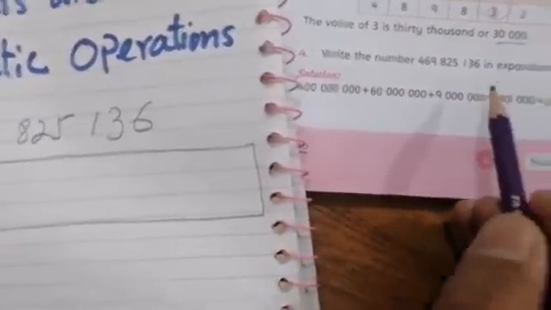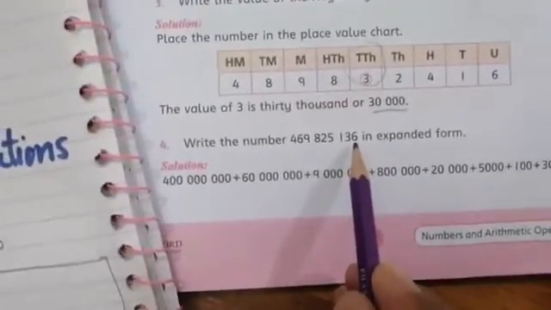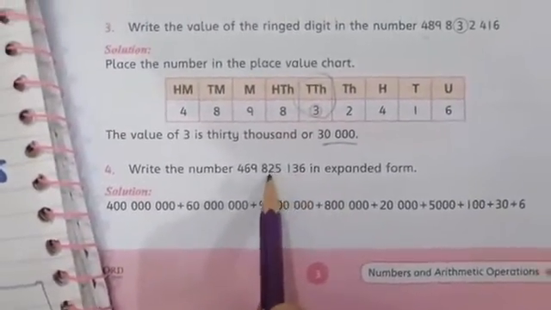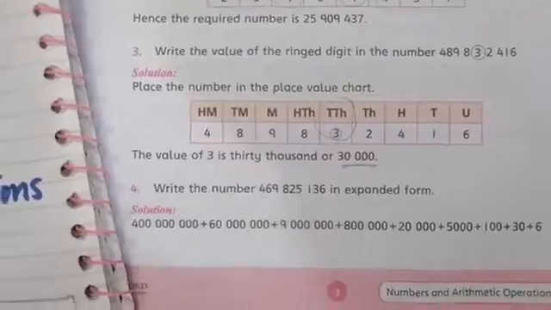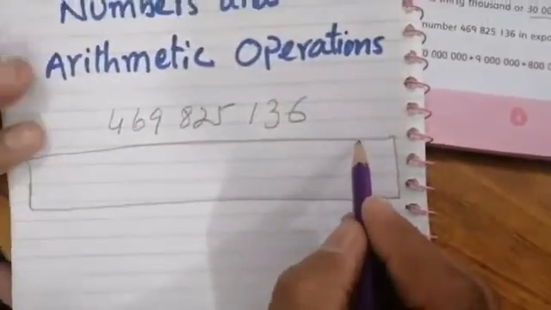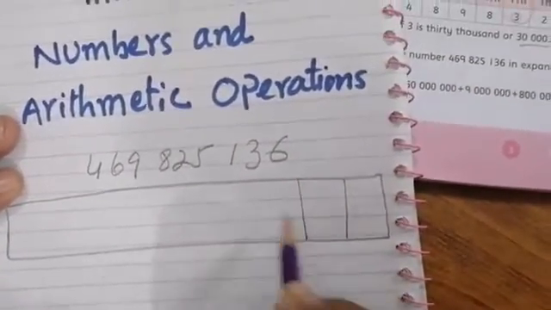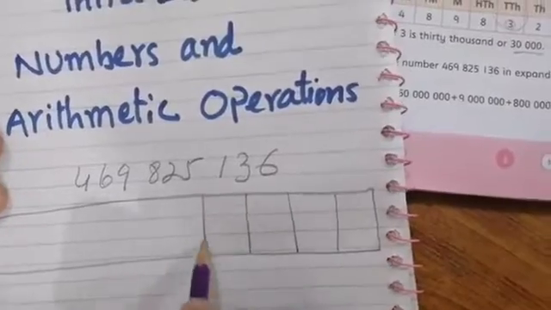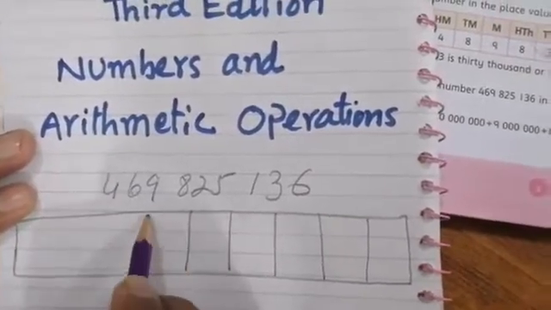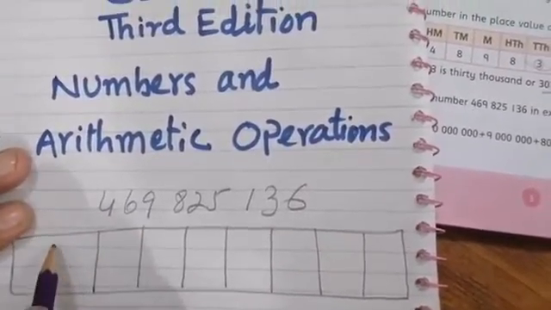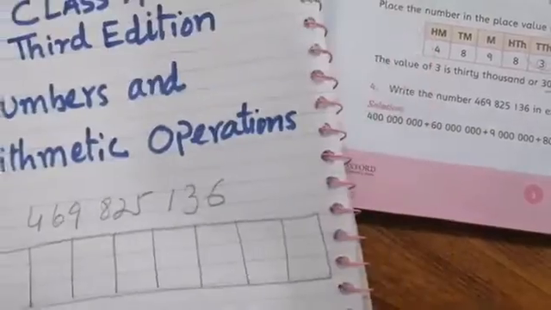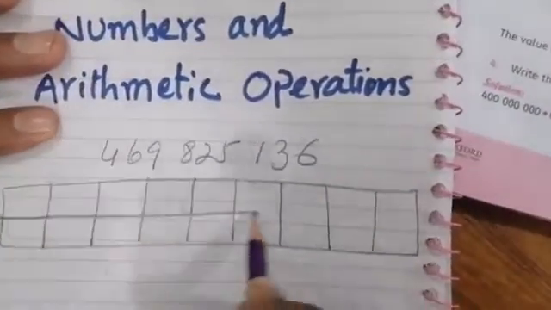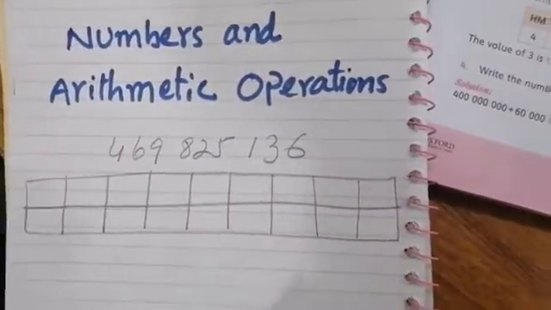So first you count how many numbers are given in the standard form: 1, 2, 3, 4, 5, 6, 7, 8, 9. So we will make 9 columns, right? So you divide this column into 2.